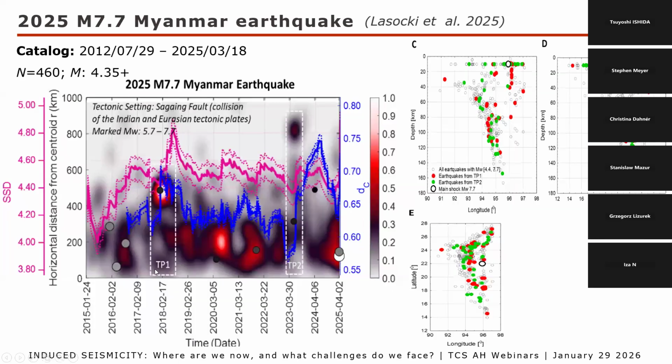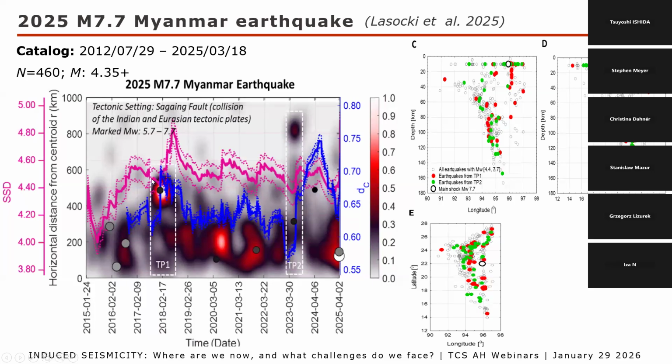And what is interesting here, there are two periods marked by TP1 and TP2, which are interesting from the point of view of the behavior of these two metrics. The first one, we see that there is a minimum of DC.